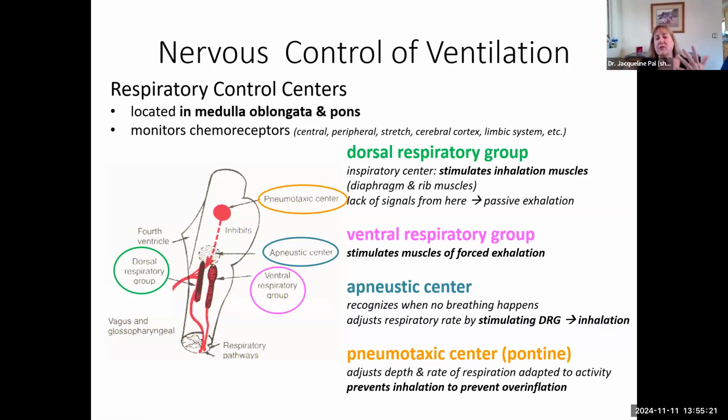Because yes, if we're exercising, we breathe faster and we breathe deeper, but we don't want to blow out our lungs. So remember, if you're blowing up a balloon, you can keep on blowing and blowing and blowing until it pops. But when we're inhaling, we don't want to keep on inhaling until we blow out our alveoli. So this prevents inhalation to prevent the overinflation to pop our alveoli.